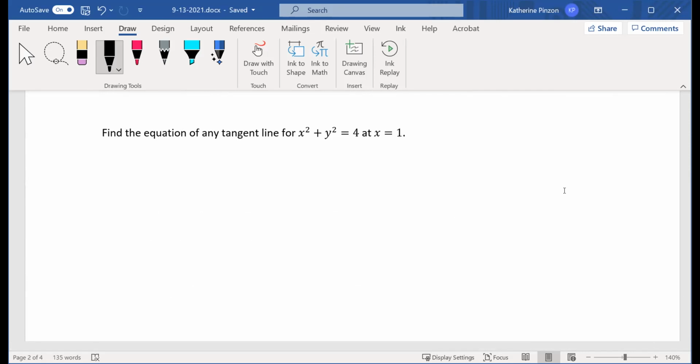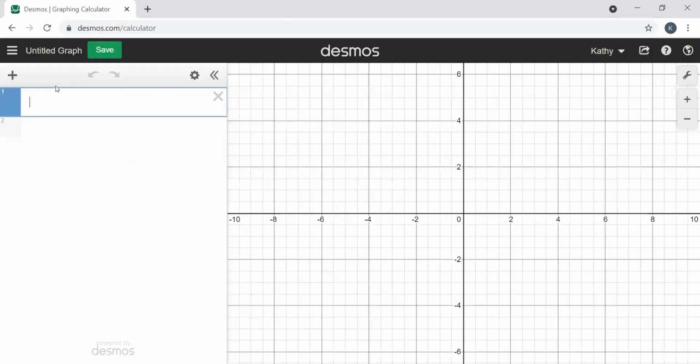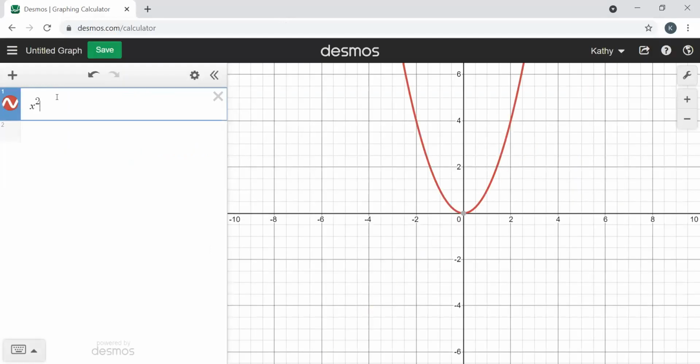I want to graph this function. So let's get out Desmos and see if we can graph it. x squared plus y squared equals 4.